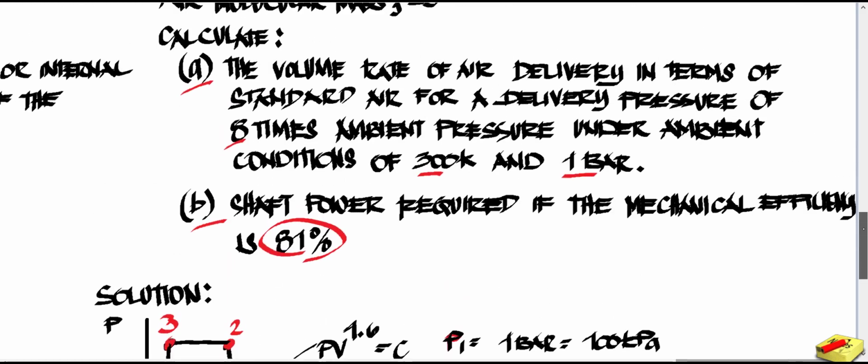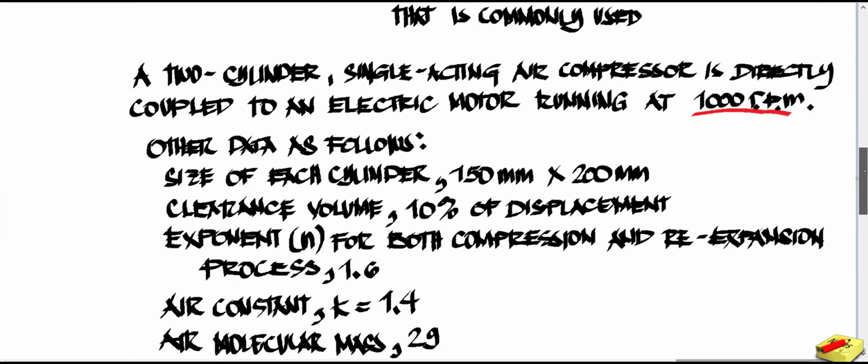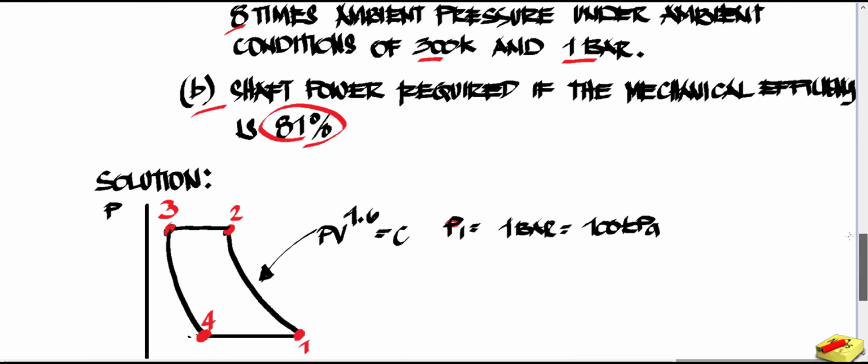For other given, we have the RPM, which will be your small n, so it will be 1000 revolution per minute. And also the size of each cylinder.